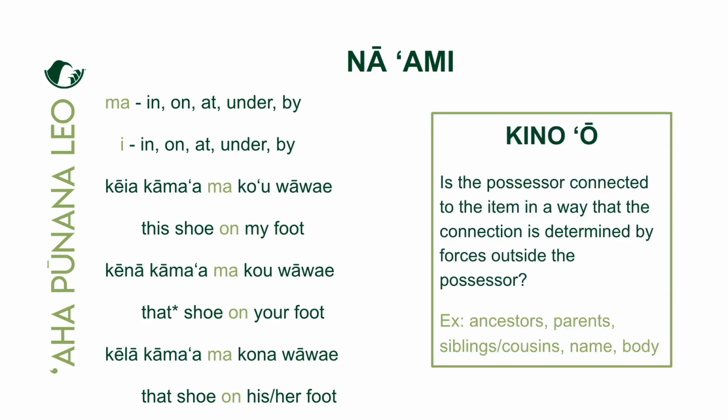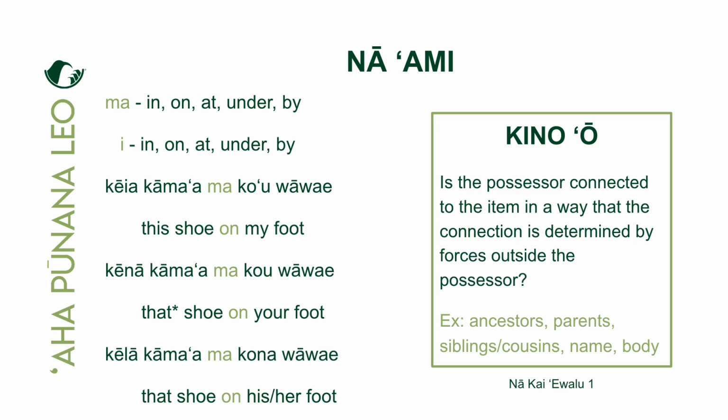In order to determine if vāwai was kino o or kino a, we ask and answer the question: is the possessor connected to the item in a way that the connection is determined by forces outside the possessor? Does someone other than the possessor, the person who is the focus, determine this connection?